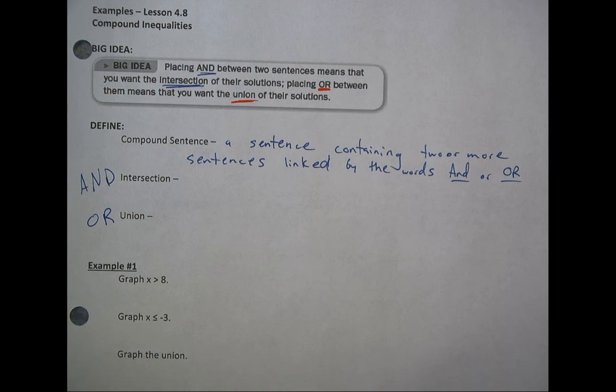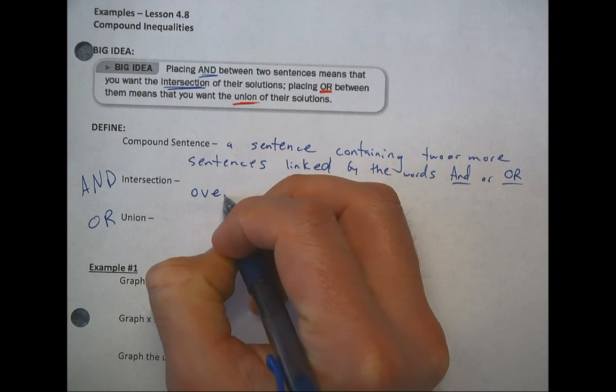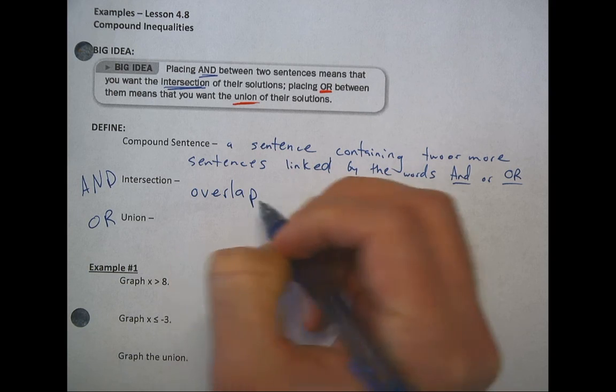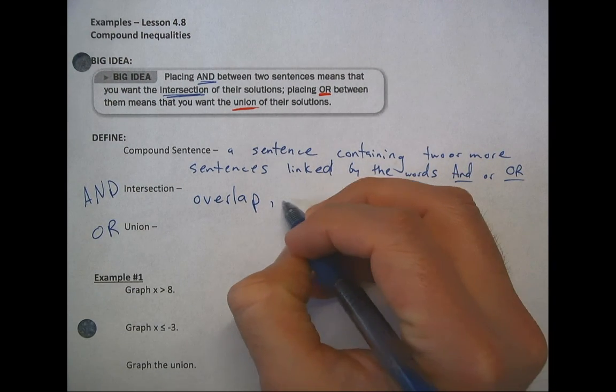would be our "or." For an intersection, we need both things to be true at the same time. This is kind of where two solutions overlap. Must be in both.